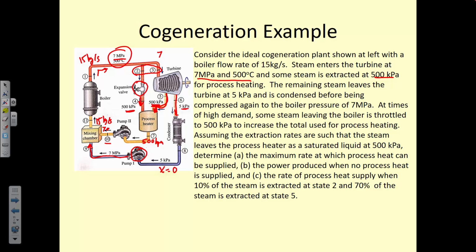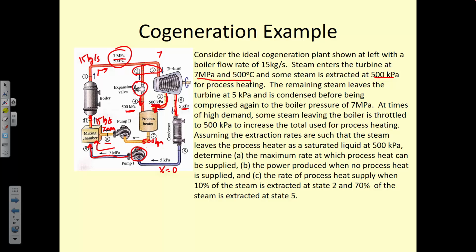Yeah, it would have to be 7 megapascals because it will be combining with this fluid stream and then going straight into the boiler. So very important to look and understand all of the pressures and what's happening in the system, because you can't combine fluid streams of different pressures in a mixing chamber very easily. And when you're pumping something, you want to increase the pressure up to whatever it is that you're approaching. So if it's a mixing chamber or a boiler, you need to increase it to whatever pressure is necessary at that device.